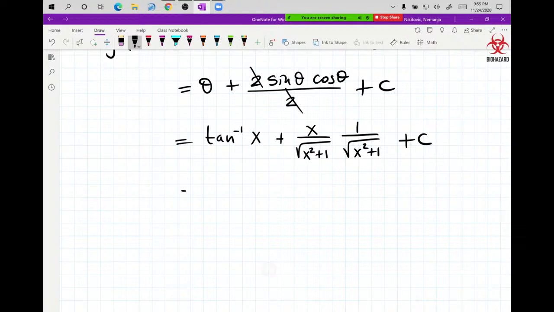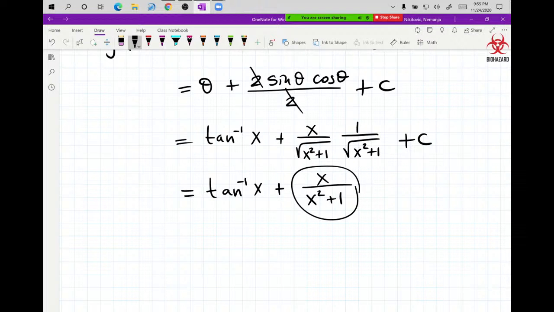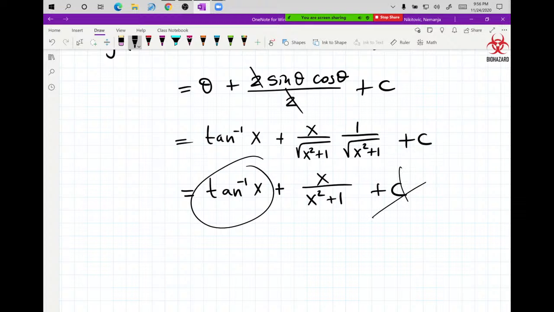And when you multiply these roots, the square root cancels, because it will be square root squared, and you get x over x squared plus 1. Oh, wait, right? Wouldn't this be your hyperbolic cosine, right? So these things pop up. Obviously, this part is useless over here. This part will not show up either, and so on.